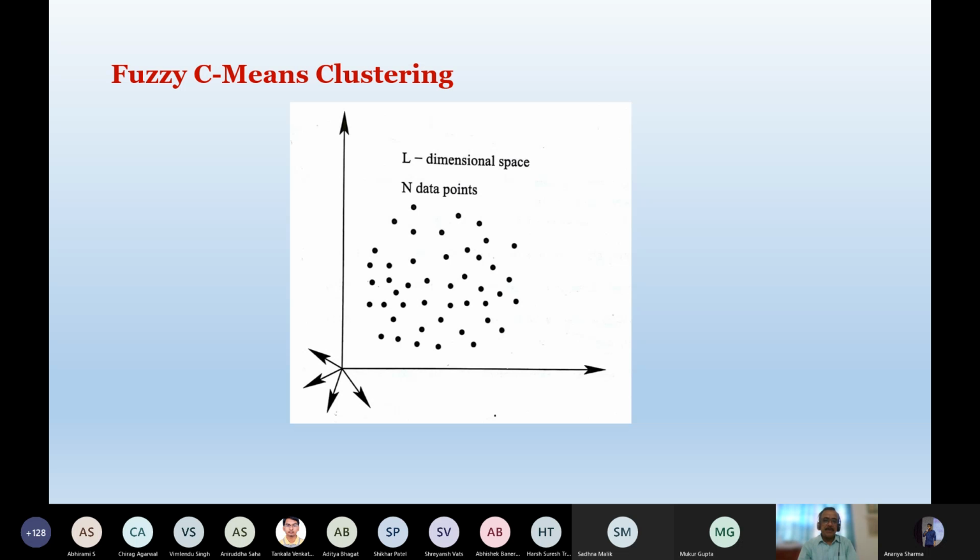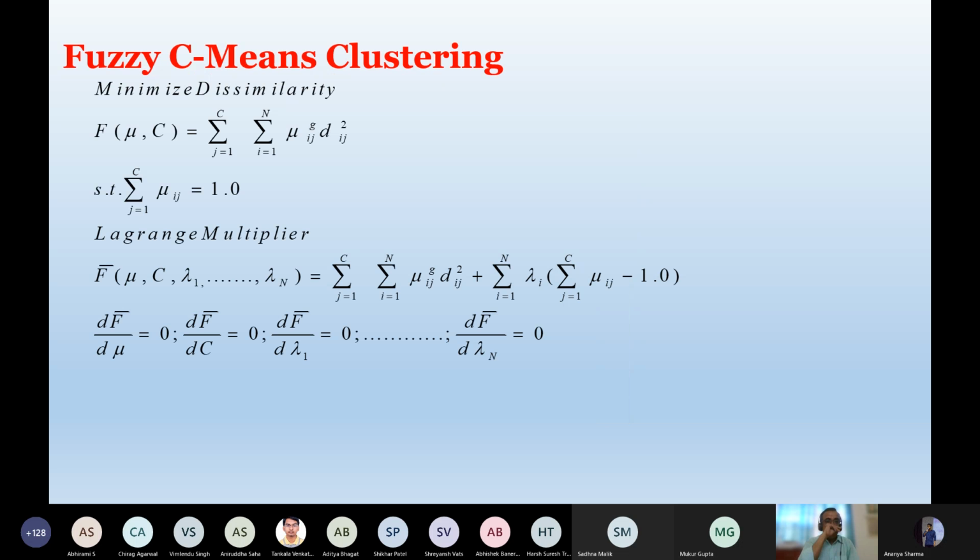Okay, so I have got capital N data points with L dimensions, and now based on the similarity, I'll have to make that particular cluster. Now let us see how to do it mathematically. Mathematically, we try to represent it as an optimization problem. Now, how to state it as an optimization problem? We try to minimize the dissimilarity.